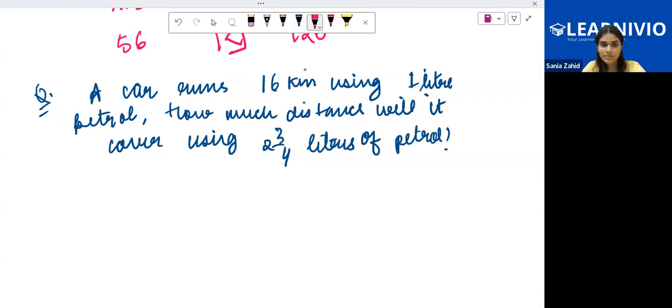Okay, this is the question. So there's a car that is running 16 kilometer using 1 liter of petrol, and it asks how much distance will it cover using 2 whole 3 by 4 liters of petrol. Do it on your own. I just taught you how to do such type of questions.